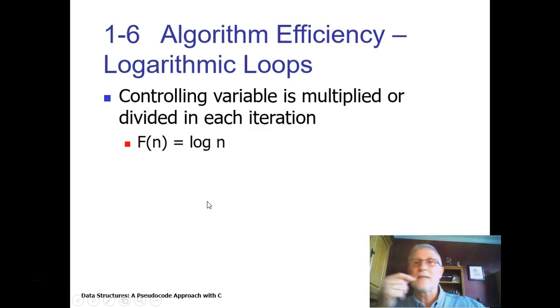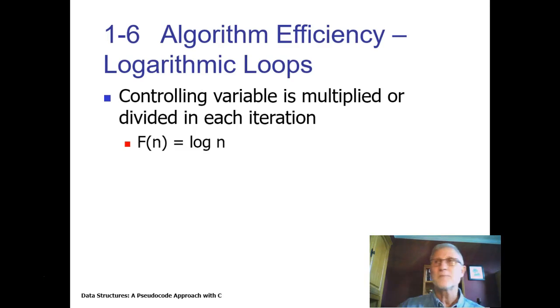Now, a logarithmic loop means the controlling variable in the loop is multiplied or divided on each iteration. So as you're looking at the loop, if it goes I from 1 to 10, fine, I'm just going to go through linearly.